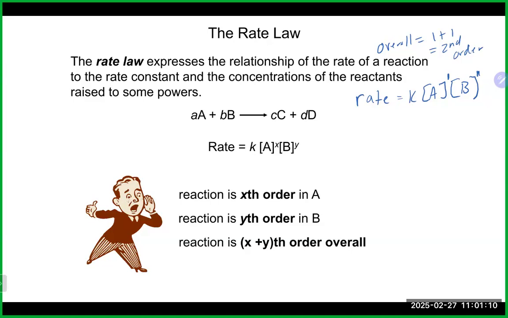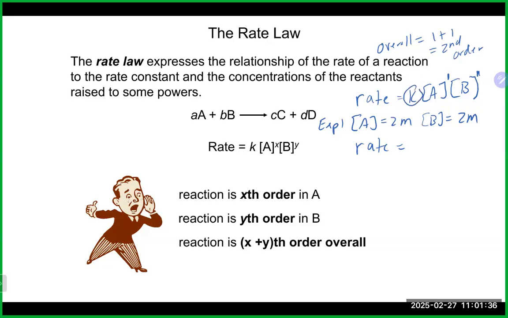So if I had an experiment where the concentration of A, let's say in experiment 1, was 2 molar, and the concentration of B was 2 molar, and I put those values into my rate law, I would end up with a rate equal to, now K is a constant value.